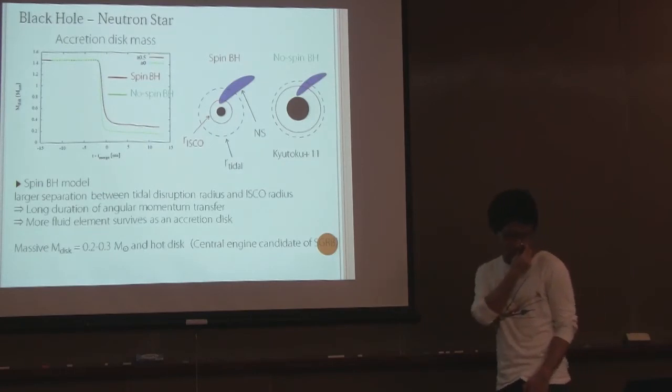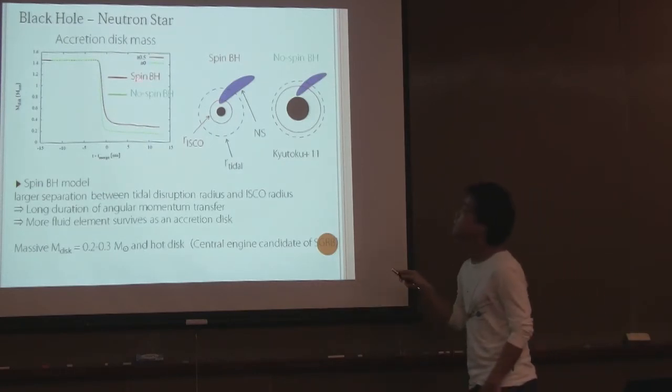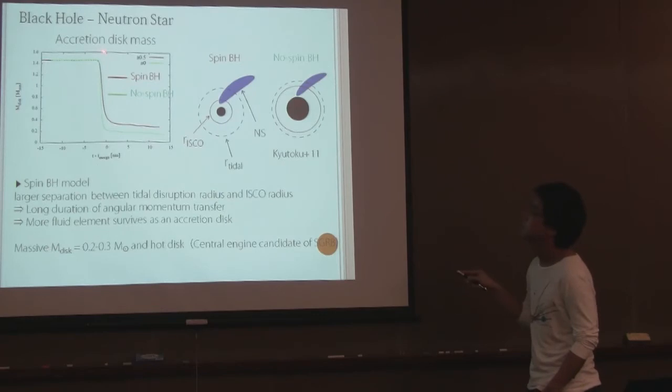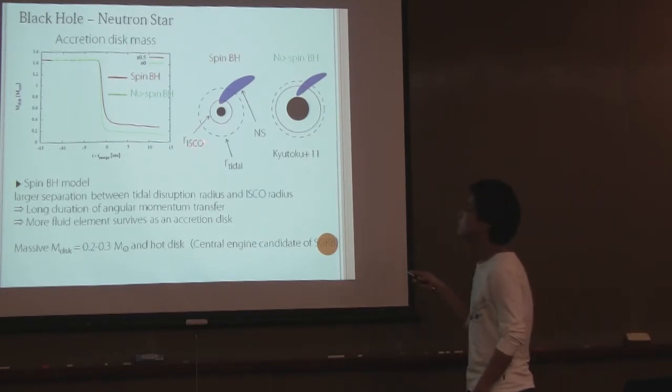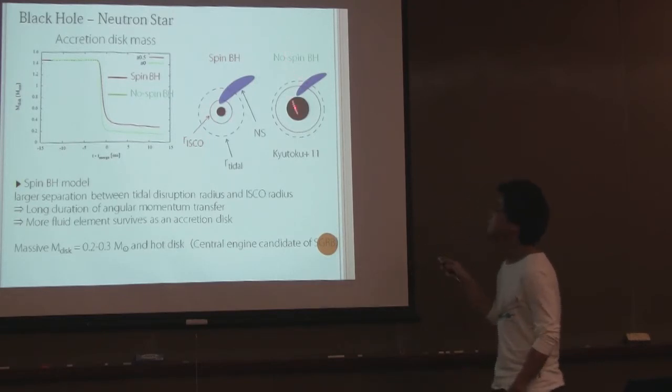This is the evolution of accretion disk mass for the spinning black hole case and the non-spinning black hole case. You can see that the more massive disk is formed for the spinning black hole case. This is because the innermost stable circular orbit radius in the spinning black hole case is smaller than in the non-spinning case.